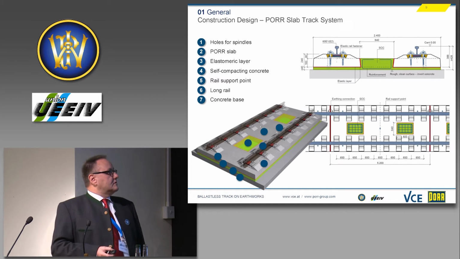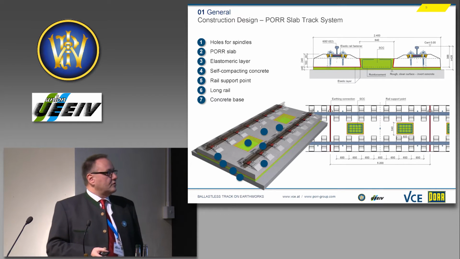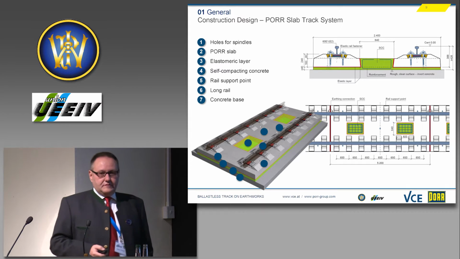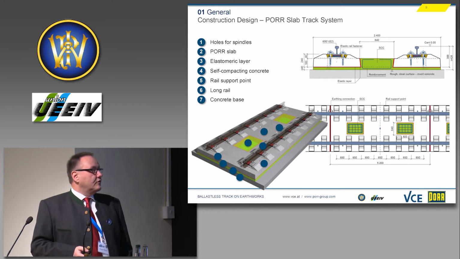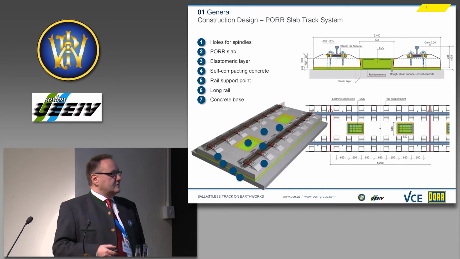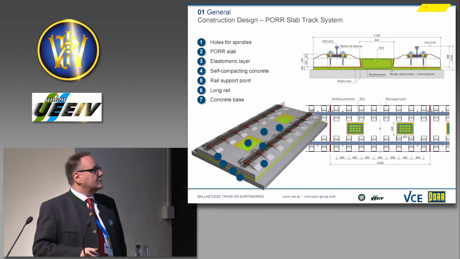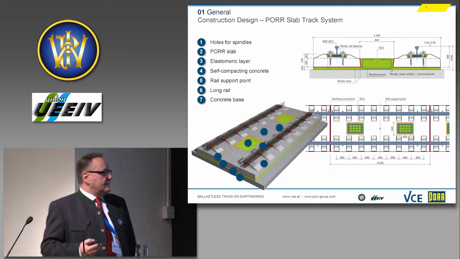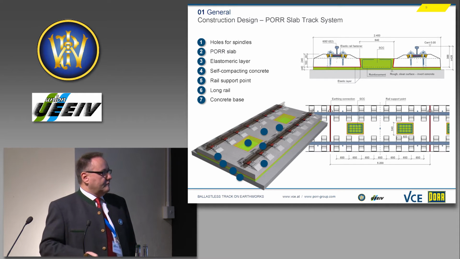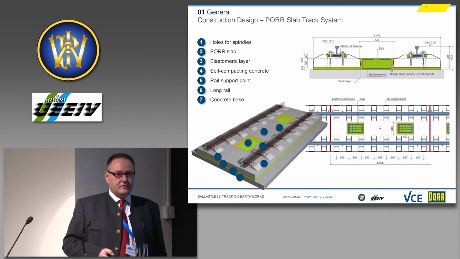So I come now to the ÖBB-PORR slab track system, which is a joint development of the Austrian Federal Railway Company, ÖBB, and the Porr company. The system is based on a prefabricated element, this so-called elastic layered slab track. This is a slab with a length of about 5 meters and a width of about 2.4 meters.